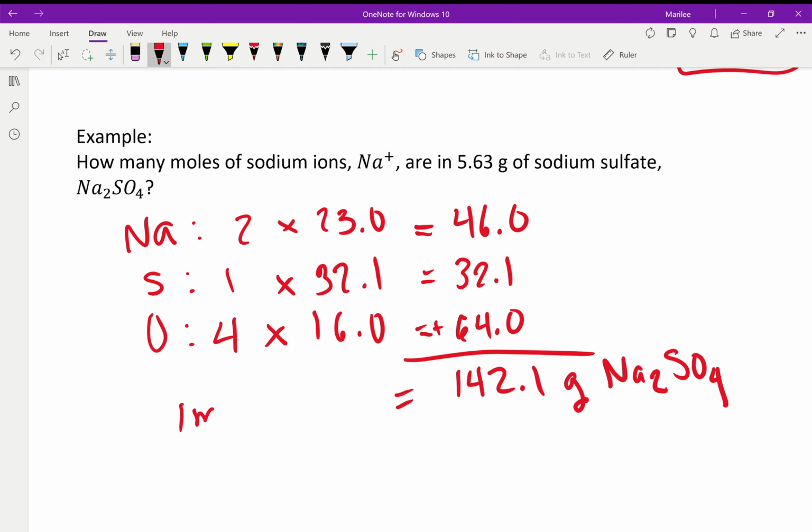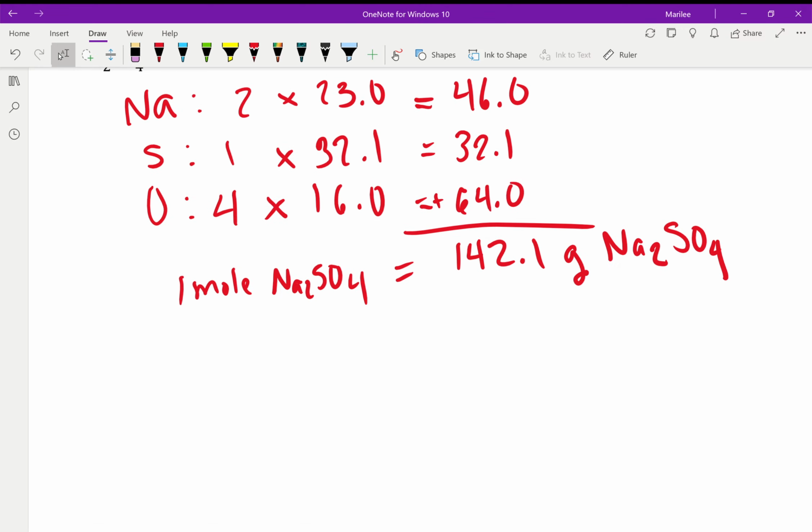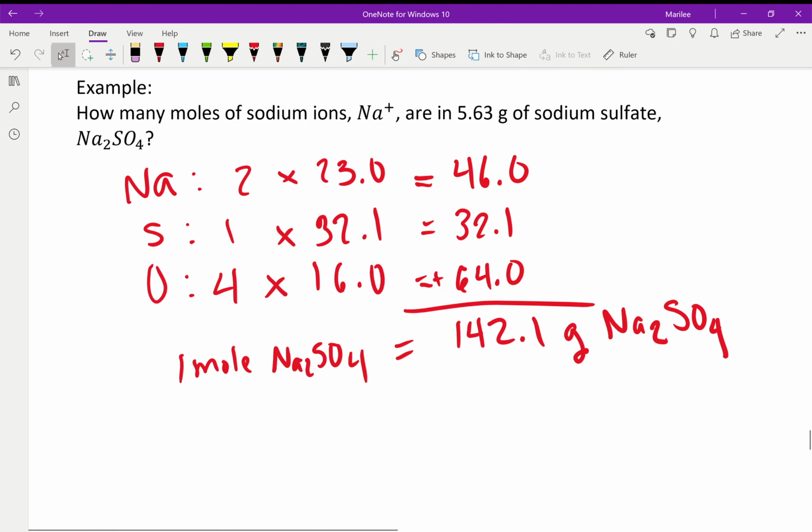So 1 mole of Na2SO4 is equal to 142.1 grams. How many moles of sodium ions? We see that there are 2 moles of sodium ion in 1 mole of sodium sulfate.